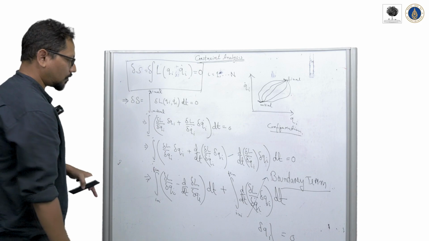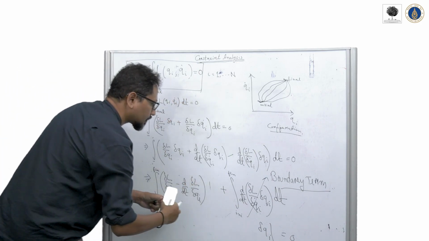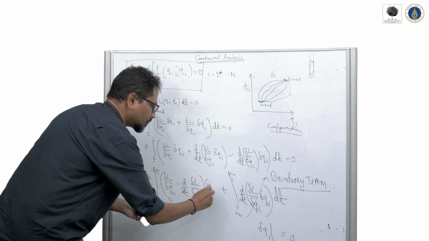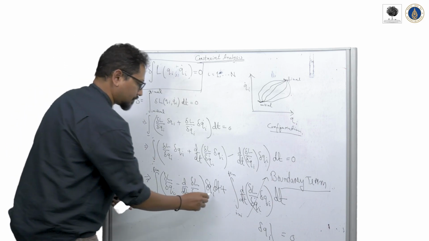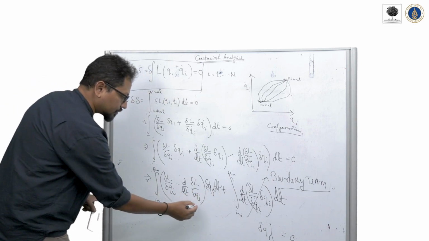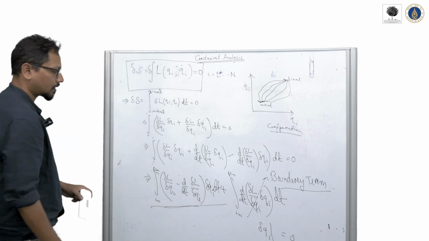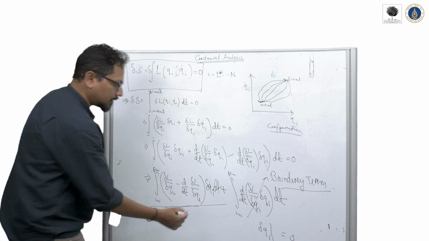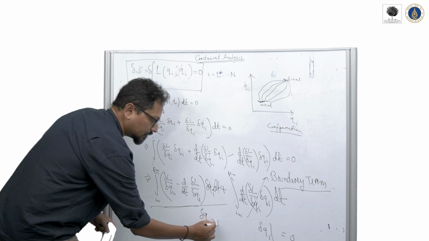So we are only left with this integration over delta qi dt, but each delta qi is independent.